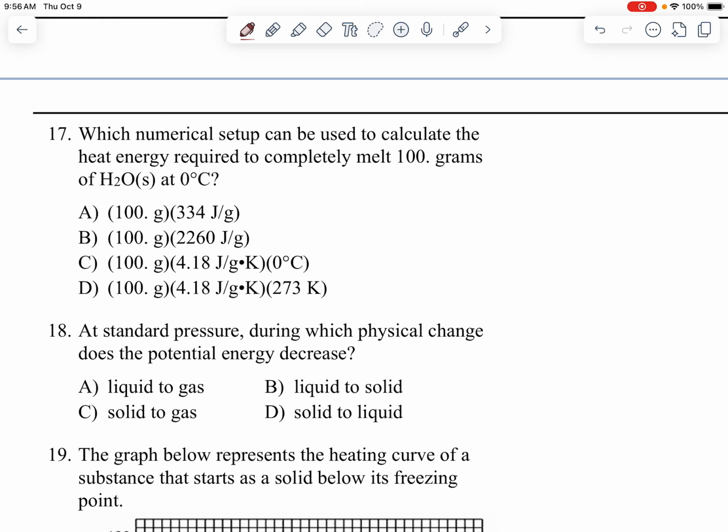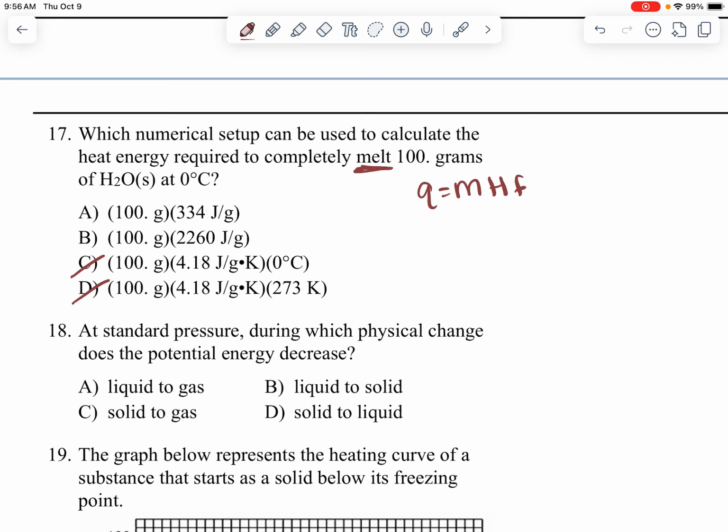All right, numerical setup to calculate the heat energy required to melt 100 grams of water at 0 Celsius. This is nice because we don't have to actually plug it in. They give us the setup choices. If I am melting, again, phase change, I have no change in the temperature, so I cannot use Q equals MC delta T. It's going to be melting, so Q equals MHF.